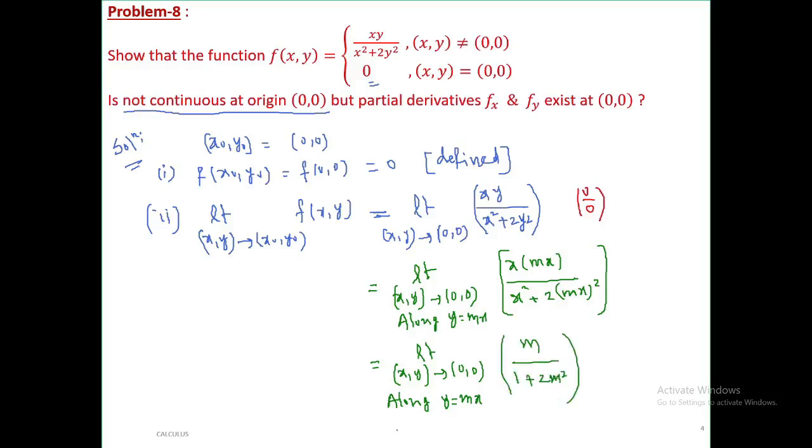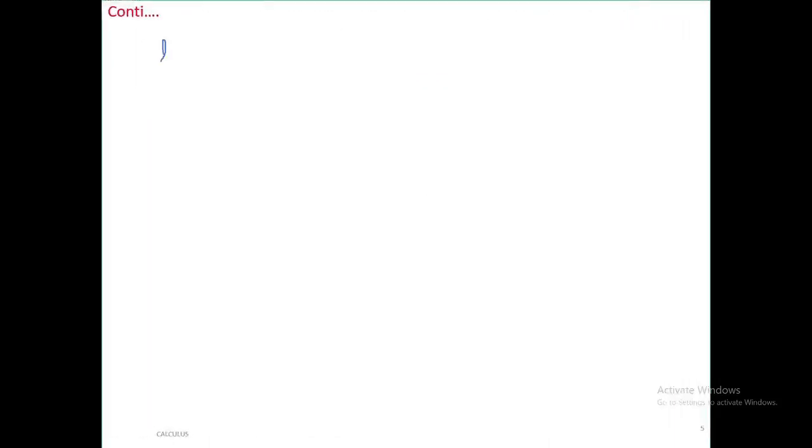So what is the limit value now? This limit value is exactly equal to m by 1 plus 2m square. So the limit value is depending on m. It is depending on m means what? It is depending on the path, the y is equal to mx path. Therefore the limit does not exist.